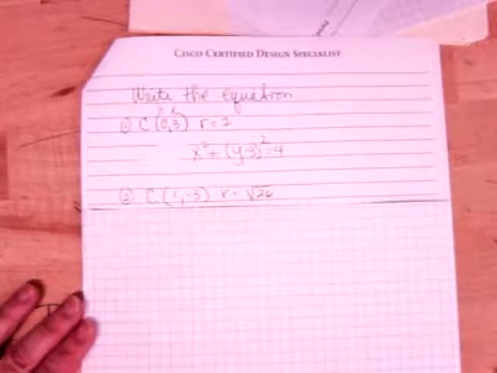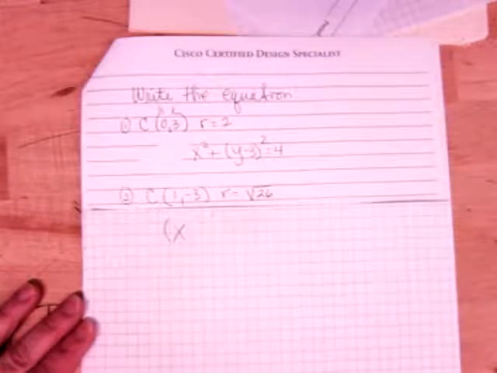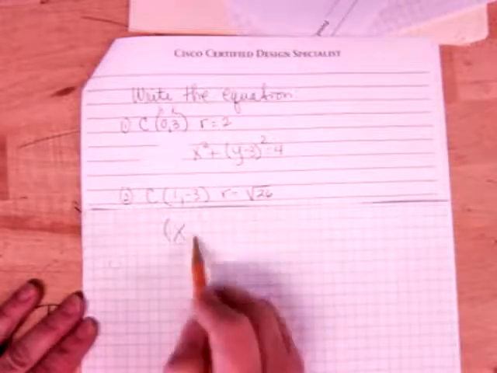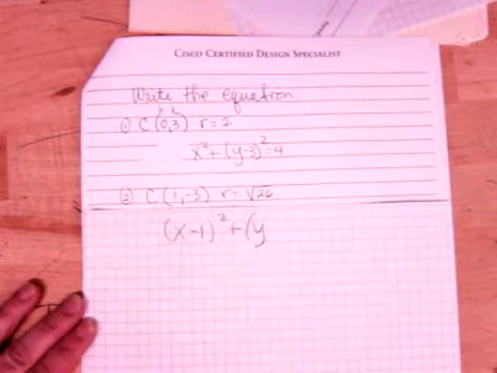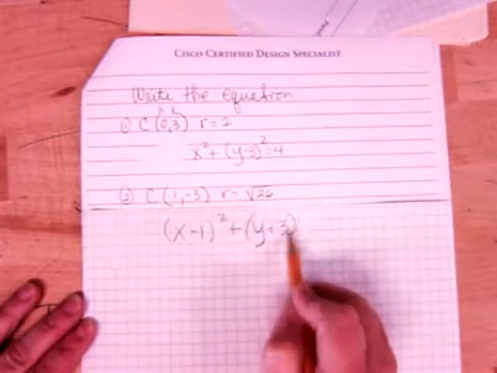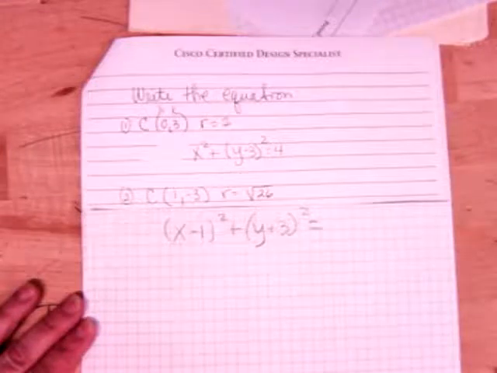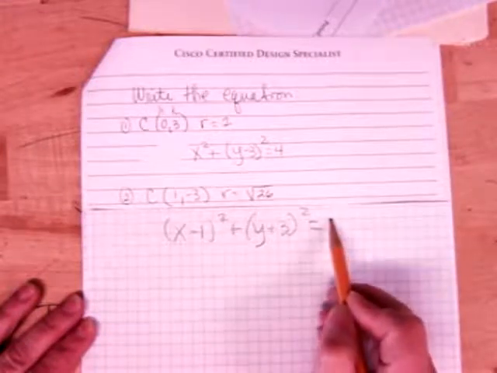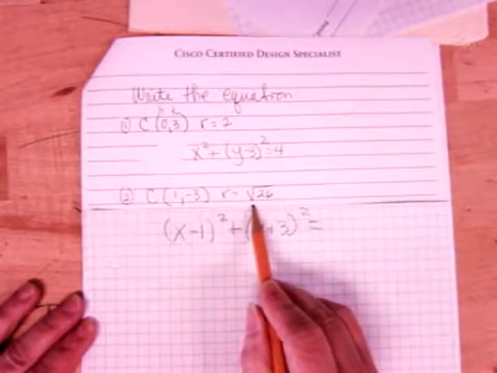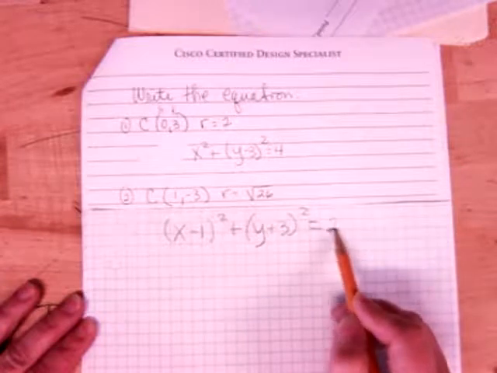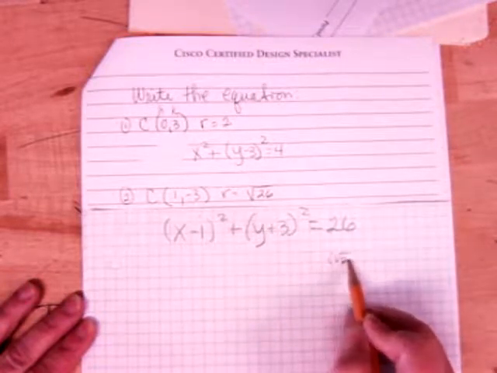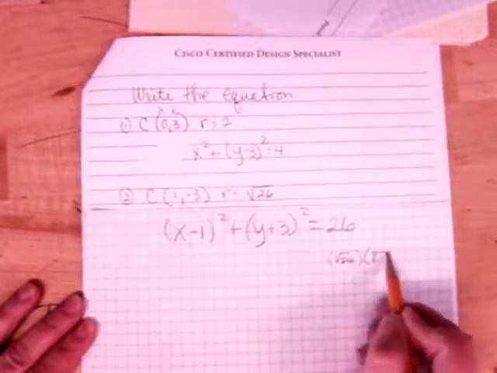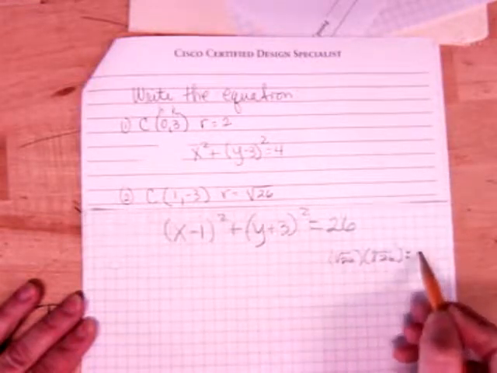We're going to start with x minus 1 quantity squared plus y minus 3 quantity squared equals what? 26. Because the square root of 26 times the square root of 26 just equals 26.